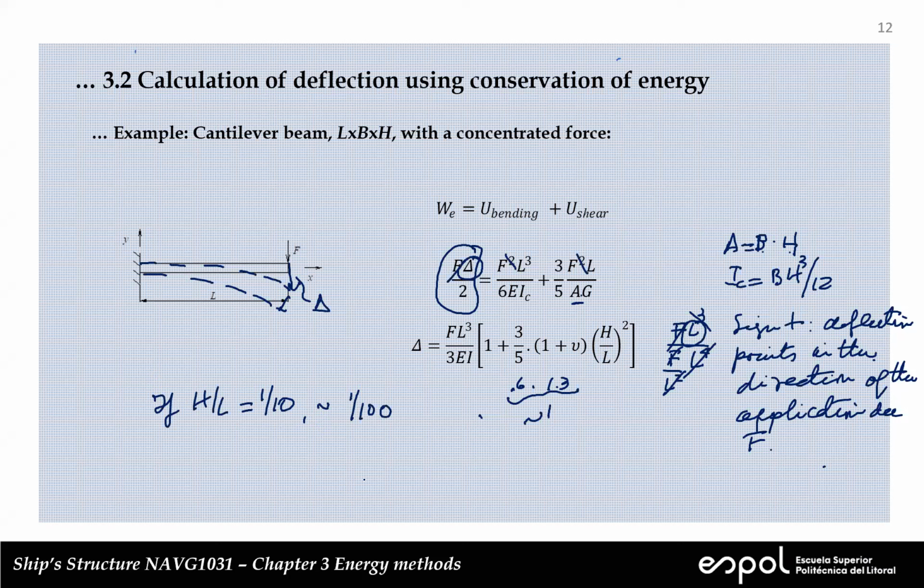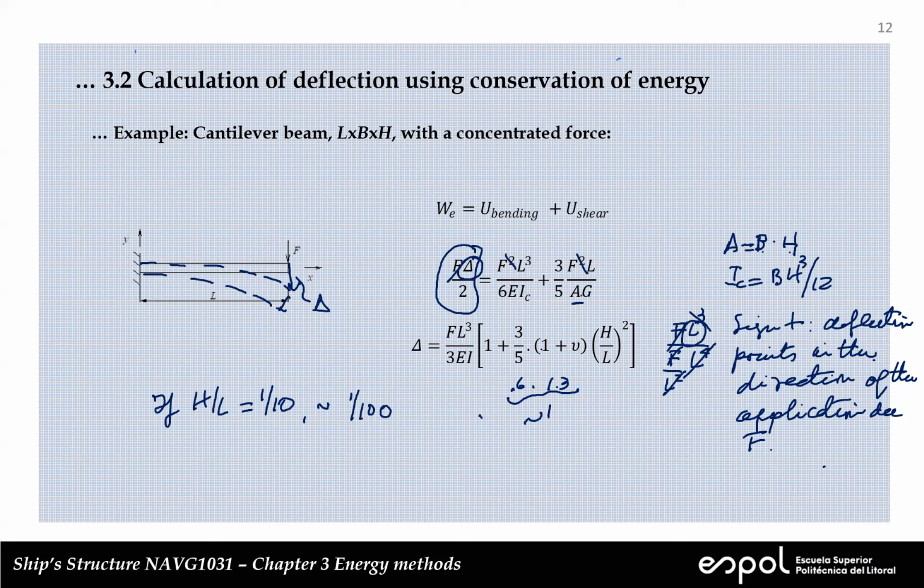right? That means that if we have the height equal to 1/10 of the length, if we were not to include this term, the error would be 1%, which is not very large, okay? And that's usually the limit that we consider in general, okay?